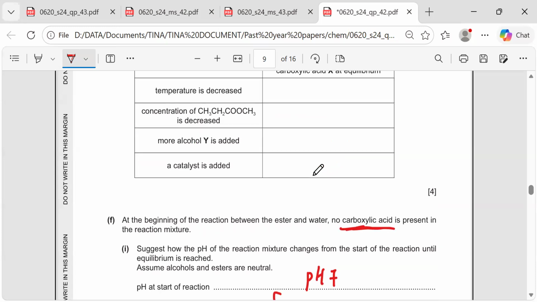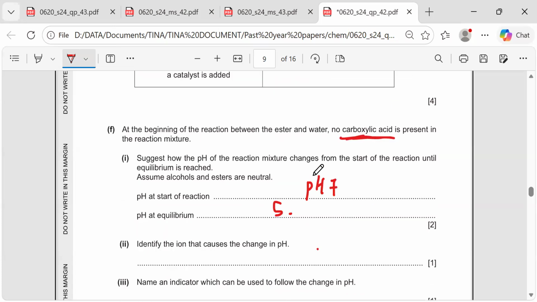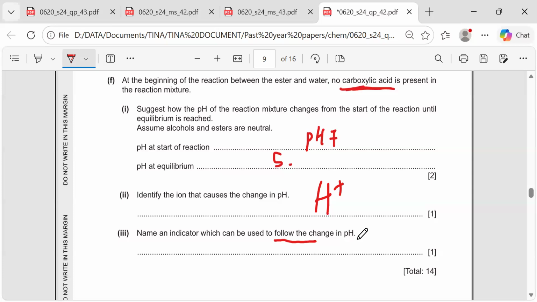This is page 9. I didn't see the weak acid. It's a weak acid, but ester becomes weak acid? Why no methyl orange or bleach? Follow the pH 1, pH 2, pH 3, pH 4, pH 5.